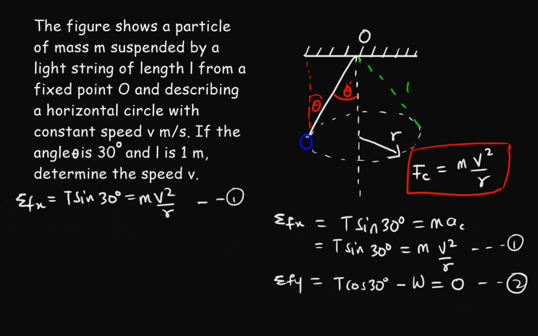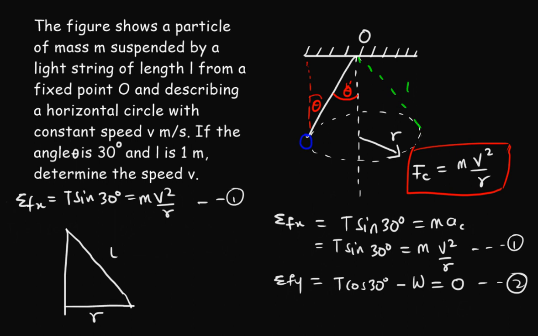Let's look at how we are going to do this. Looking at this figure, I can draw something like this. I have the long line here, then I have L here, and then I have my r here because r is the radius.